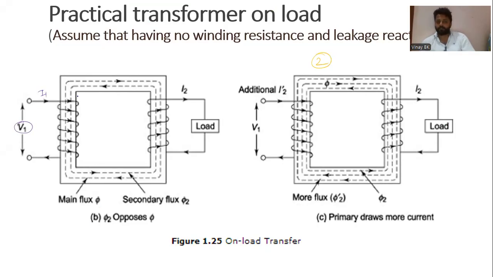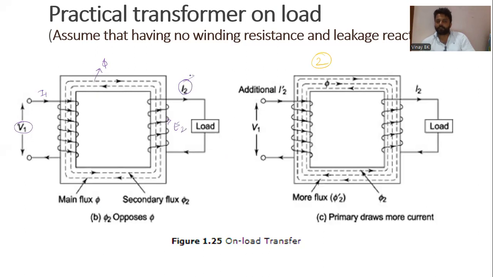The current I1 starts to flow, and it produces the alternating flux phi 1 or else main flux phi, and this is linking with the secondary winding of the transformer. Current is induced, hence EMF E2 is also induced.